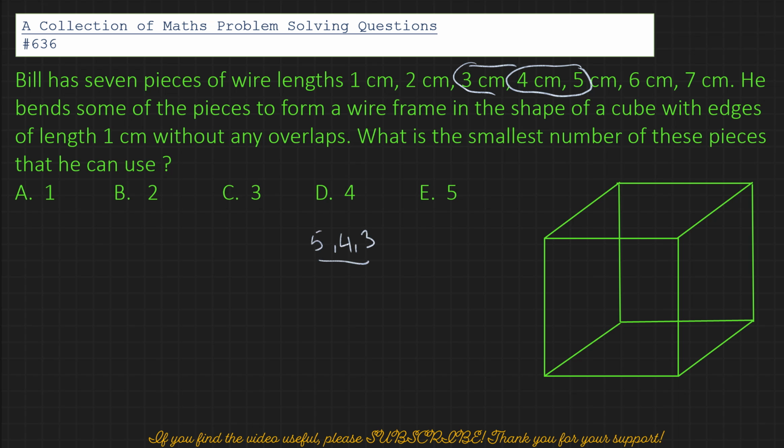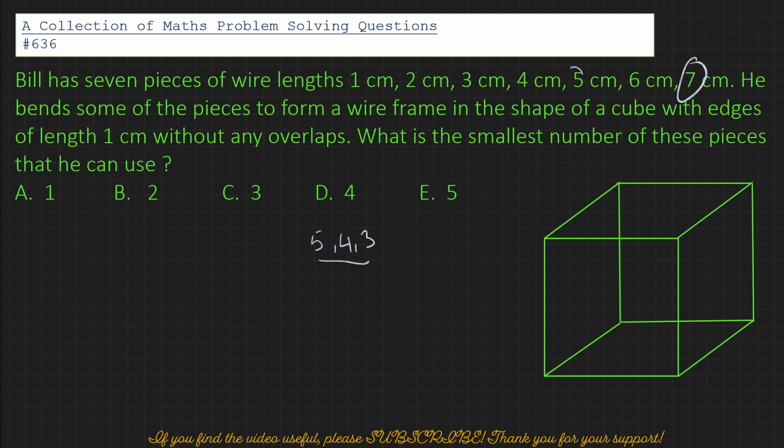If he was using 5 centimeters, 4 centimeters and 3 centimeters, then he's using 3 pieces of wire. So the answer would be 3. We don't know if that's the answer yet, I'm just saying what the options are. There's no way he could use 7 and 6, 13, because 13 is more than the number of sides.